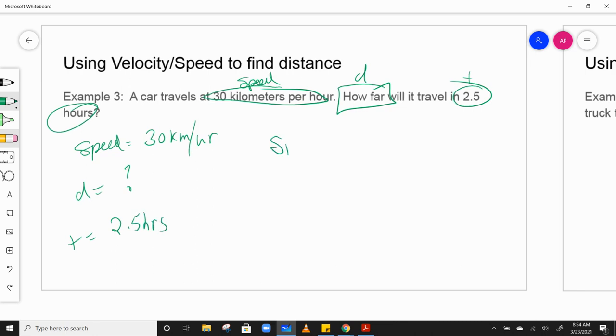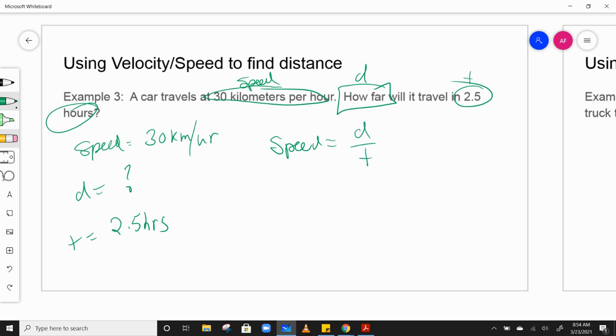Okay, our formula is speed equals distance over time. But we want to solve for distance here, so we'll multiply both sides by time. So essentially speed times time equals distance. Okay, and all our units are fine.